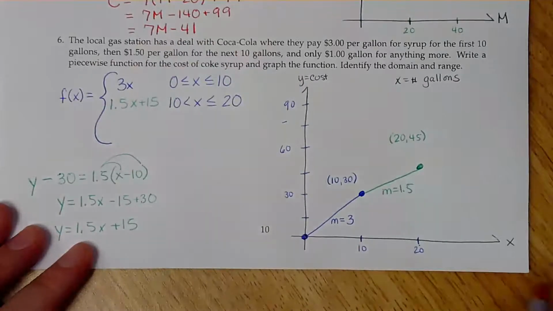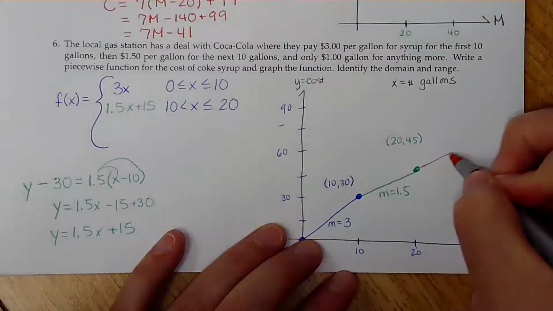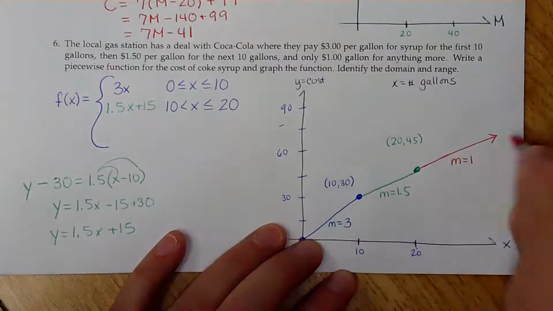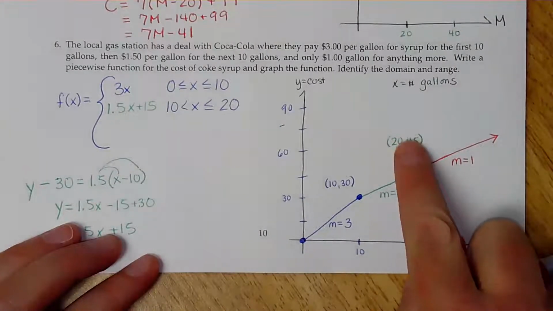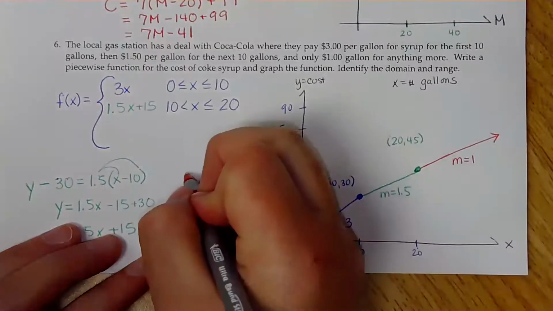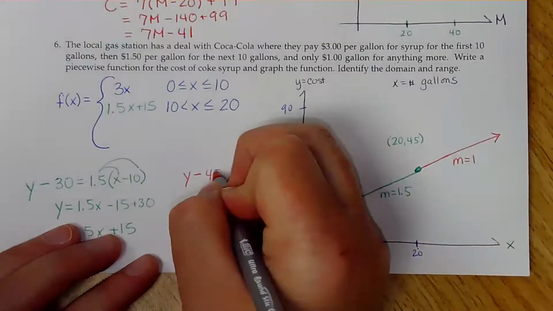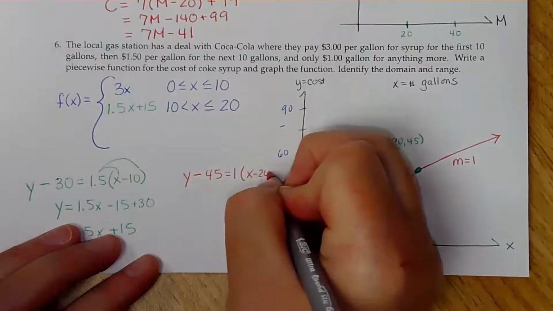All right, and then anything over and above that is $1 a gallon. So that's a slope of 1, so this will not be quite as steep, and my m is 1. I have my slope and I have a point that's on this line. I get y minus 45 is equal to 1 times (x minus 20).